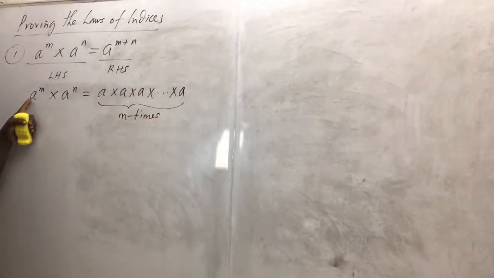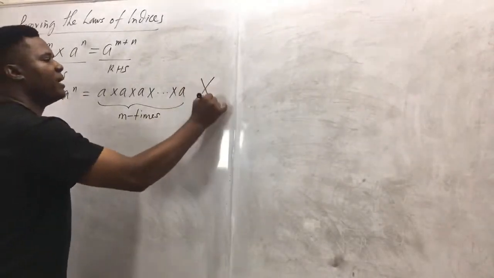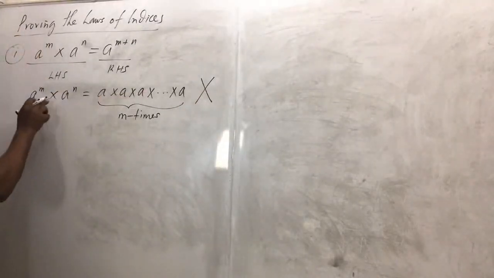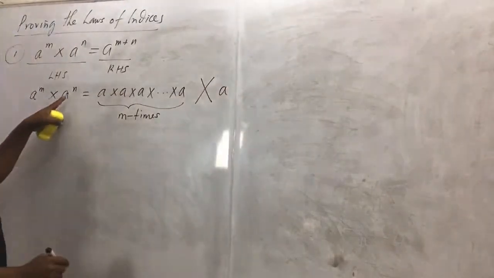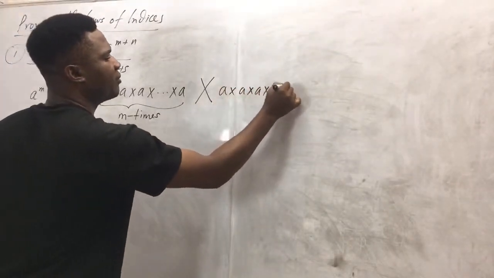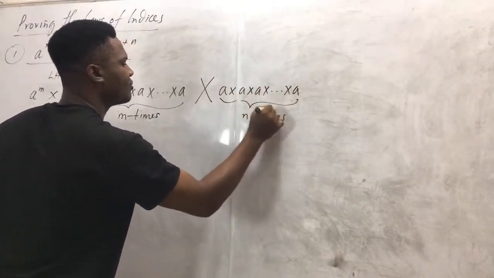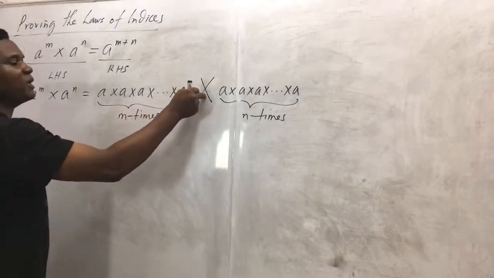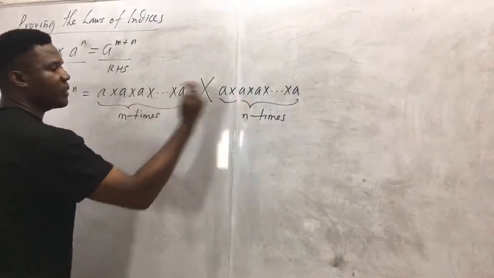On the other hand, a raised to power n is multiplying a by itself n times. I'm using a bigger multiplication sign only to show the separation; there is no difference between the big and the smaller multiplication signs.